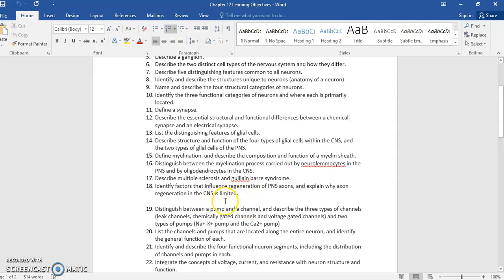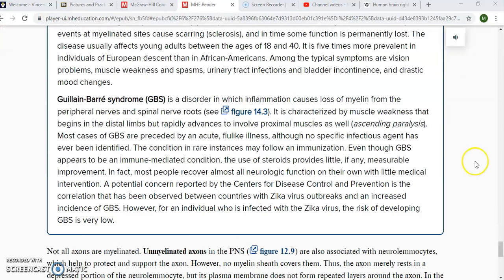Then we'll also talk about regeneration, and to what extent we can have regeneration of axons in the peripheral nervous system versus in the central nervous system. Okay, so let's go back to our textbook.